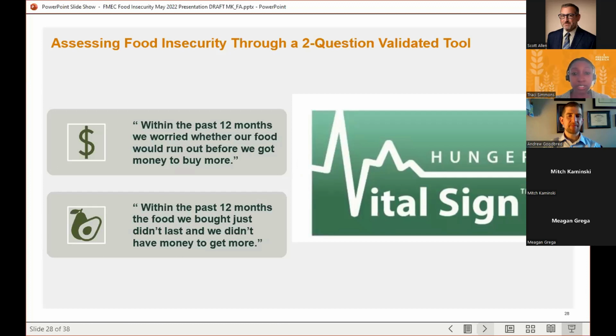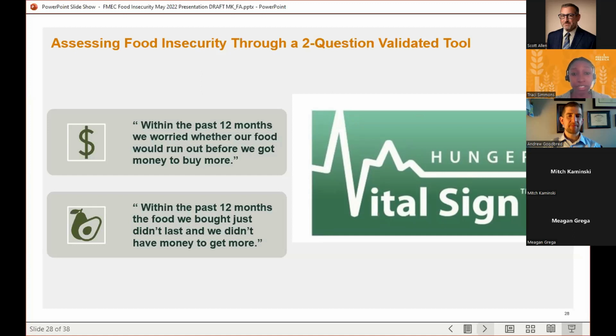This was developed through the Hunger Vital Sign. It came out of the USDA multi-question survey that was narrowed down to about 2 questions, which are here on the screen, really to assess the experiences that the individual patient is having with food insecurity.